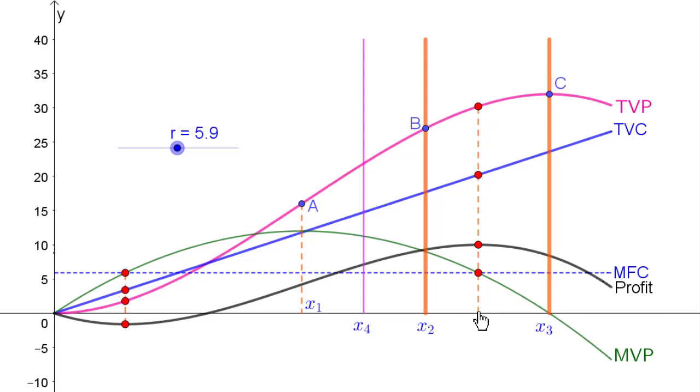So the money that the producer needs to buy this input will be 5.9 times the level of X here. However, if for some reason the producer cannot afford this much input, for example, the producer can only afford X4 here, then stage 1 is actually economical for that producer with limited funds, because at X4, you can see that the producer can still get positive profits.